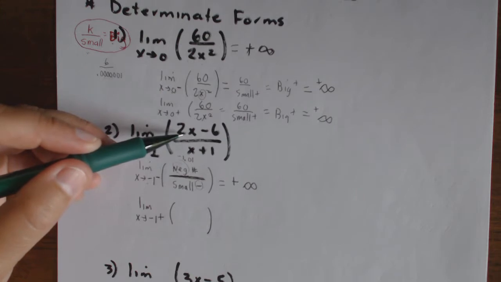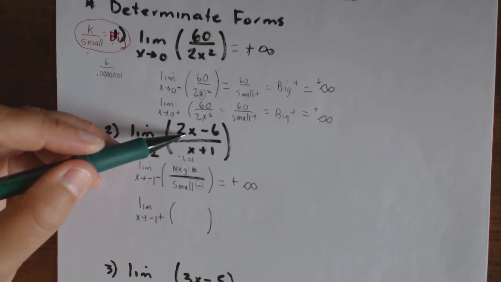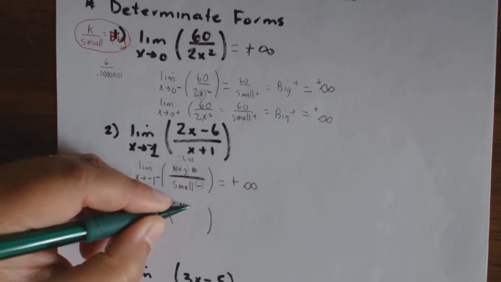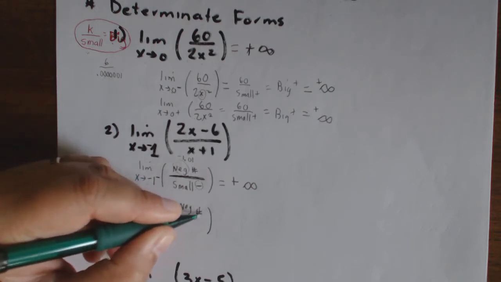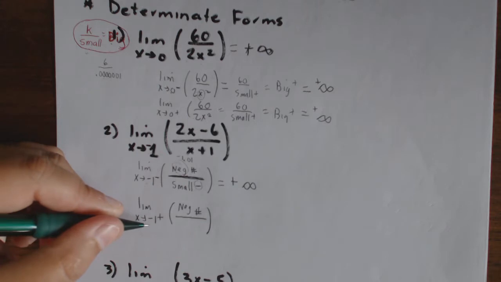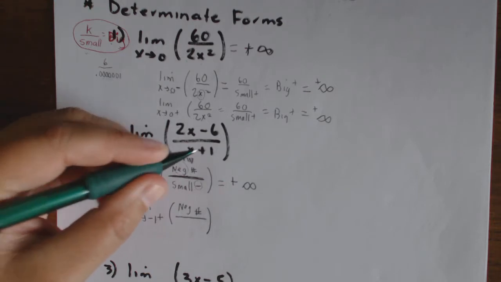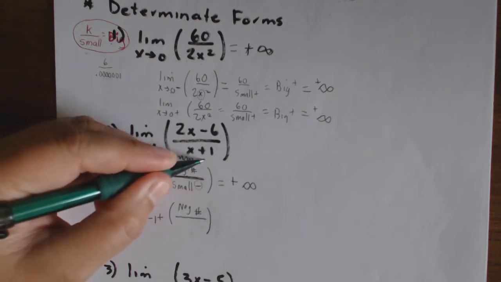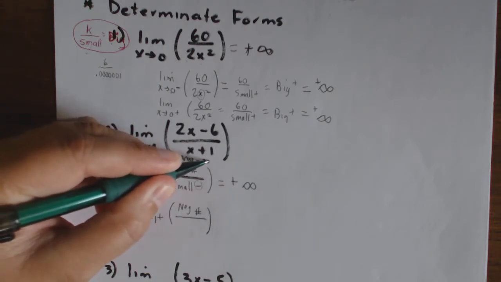If I put in negative 0.9, I get a negative. So again, I'm going to get a negative number here. And then if I put in a number close to negative 1, but approaching from the right, I'll put in negative 0.99.